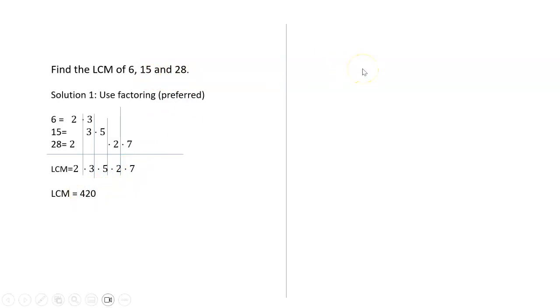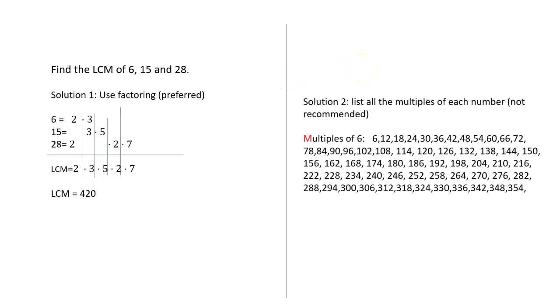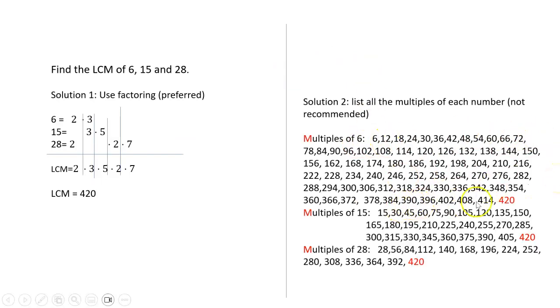For example, we start with making a list of multiples of 6, and notice that we have to list so many numbers so we can get 420. And multiples of 15, a lot of them also. Multiples of 28, a lot of them. This method will take quite a while to eventually find the common multiple 420.